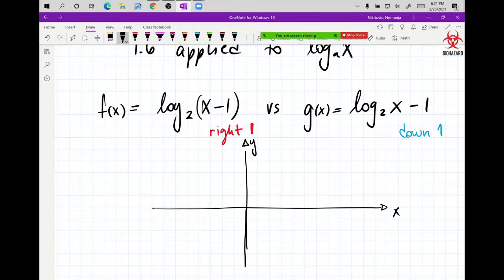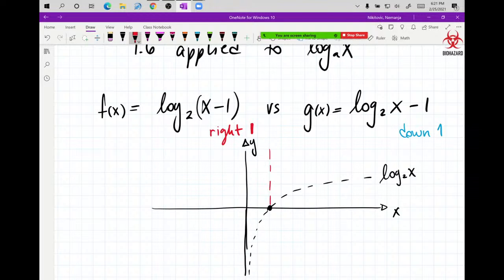The vanilla one, obviously, is going to go through 1. That's just log base 2 of x, vanilla case. And then I have move 1 unit to the right. That's the red one. Okay, not a problem.